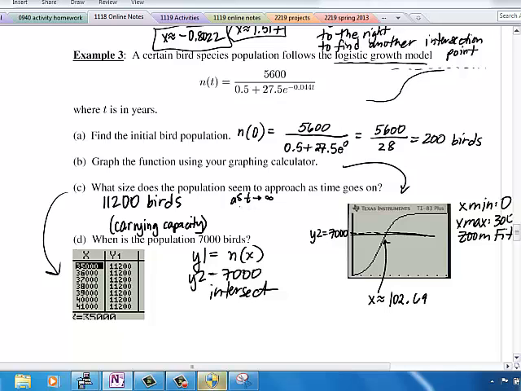So 27.5 e to the negative 0.044t is going to go to 0 because it'll have a large negative exponent. So the carrying capacity is basically coming from 5,600 divided by 0.5, which is the same as 5,600 times 2. So we can see where that 11,200 is coming from.